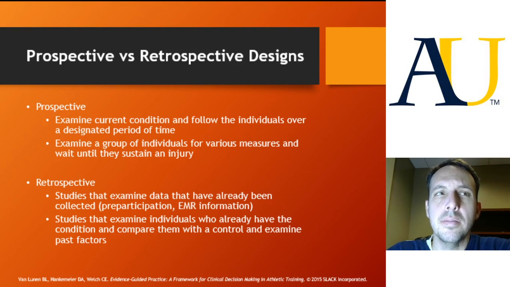The real advantage of a retrospective research study is that you have large amounts of data at your hands. If you're collecting data on a regular basis as part of your clinical treatment in your practice, then you have all of this data that could then help you answer potential research questions, and you don't have to go out and create new data.